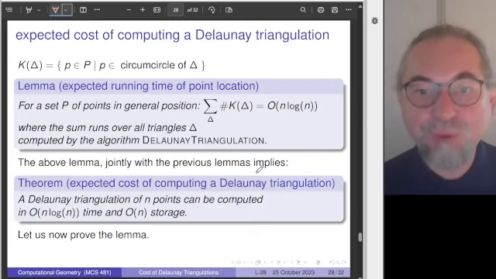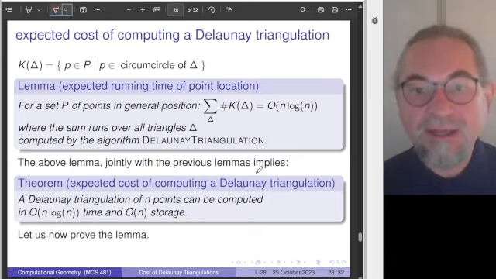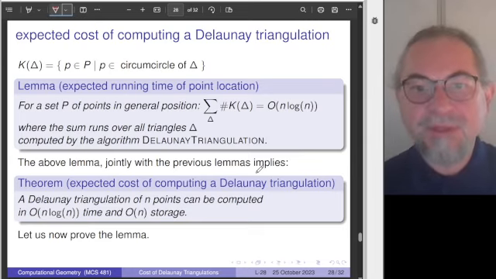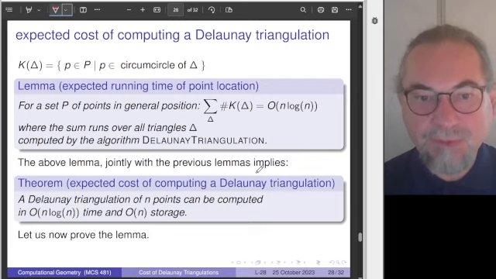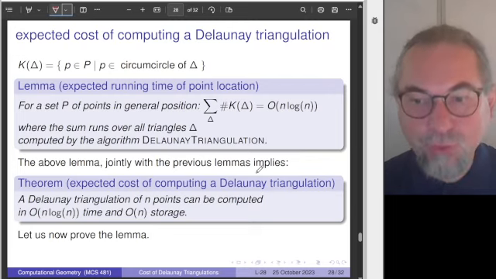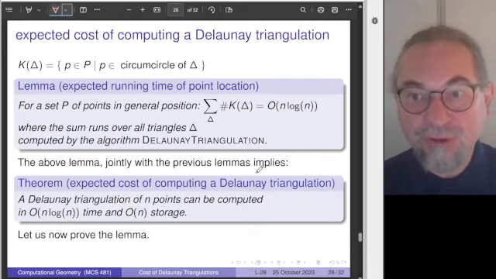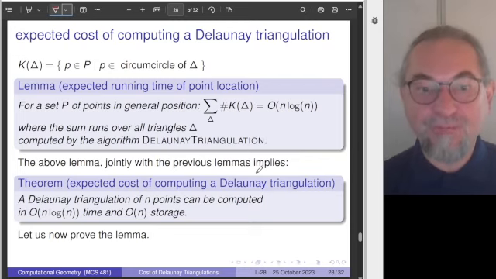If we can prove that the sum over all the point counts of all the points that are in this circle is n log n, then this other n doesn't really matter, and then actually we have an n log n algorithm. That then proves the main result, that we can construct a Delaunay triangulation in a time that is proportional to the time that it takes to sort a number of points.